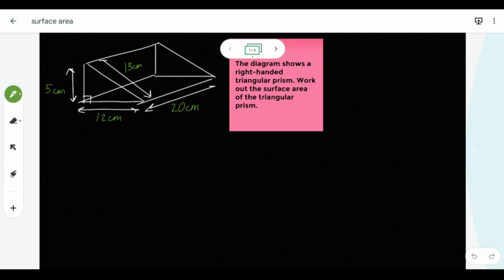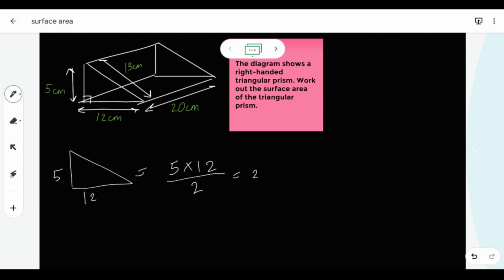So triangle 1 then is 5 by 12, and therefore the area of a triangle is 5 times 12 divided by 2, base times height divided by 2, and I get 30 centimeters squared.